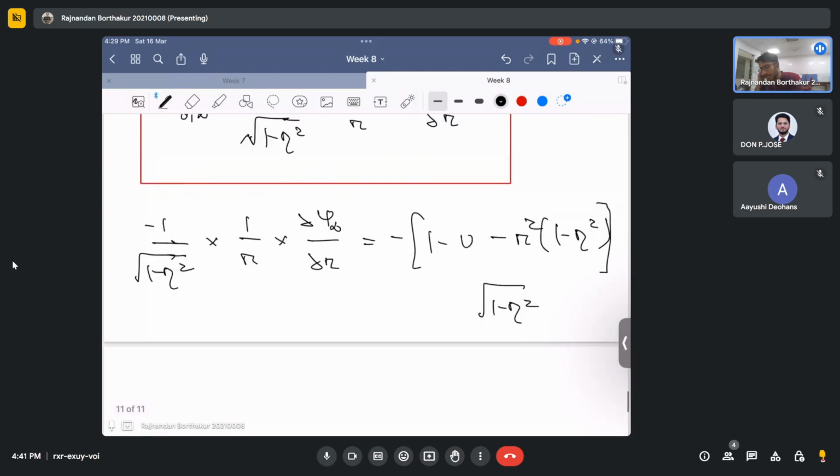Again, the objective is to evaluate this psi infinity. So let's simplify this. This would get cancelled.